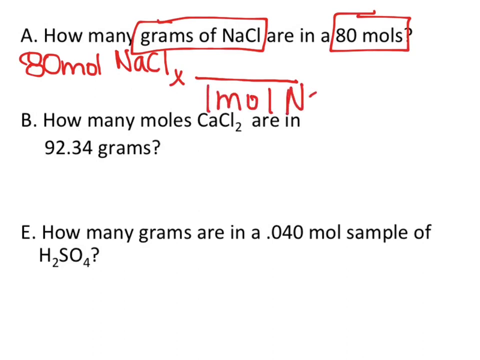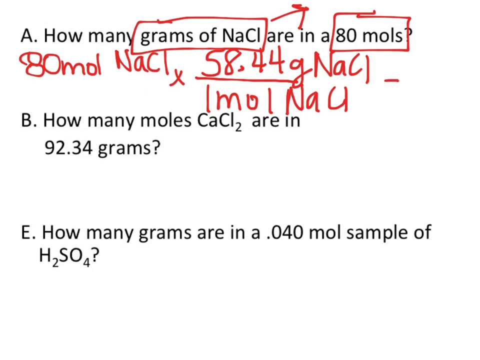So 1 mole on bottom, and we need the molar mass of sodium chloride: 22.99 plus 35.45 gets me 58.44 grams of NaCl. Everybody understands where I got 58.44 from? I got it from the periodic table, the mass of Na plus the mass of Cl. And then you just multiply that by 80. We take that and multiply everything on top, 80 times 58.44.